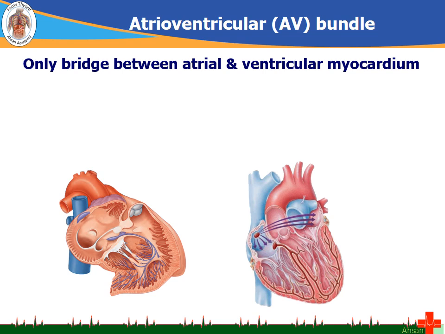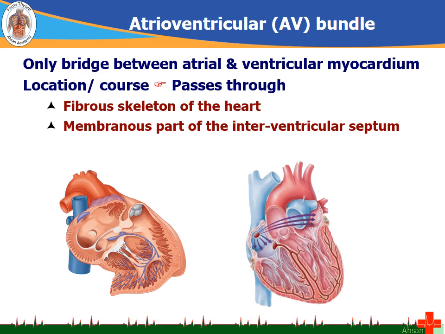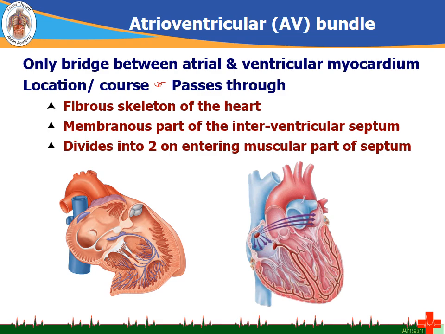The atrioventricular bundle is the only bridge across this barrier, and it passes through the skeleton. It enters the membranous part of the interventricular septum, where it divides into two bundle branches and enters the muscular part of the ventricle.